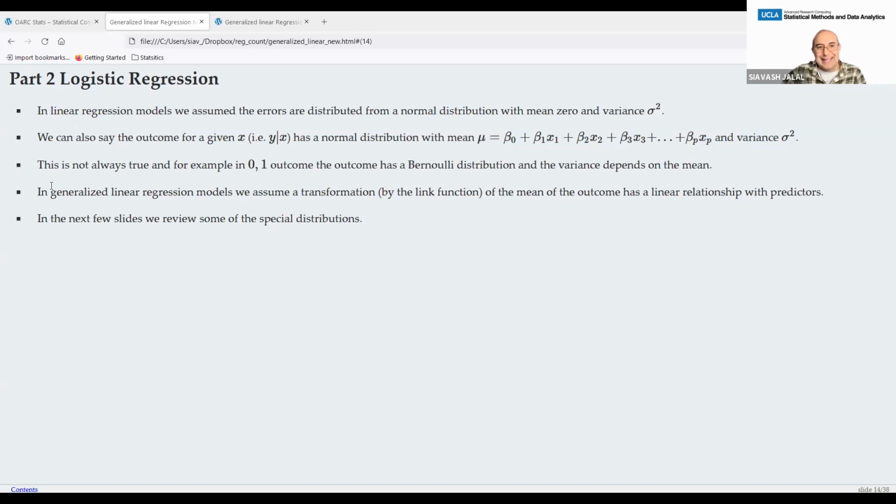In fact, for the Bernoulli distribution, the variance depends on the mean. That's the same for count models, like the Poisson model. The mean and variance are equal, so the mean and variance are not independent, right? So this mu is not independent.